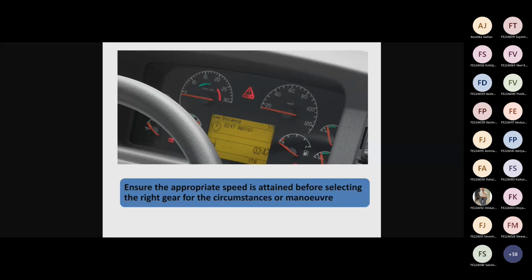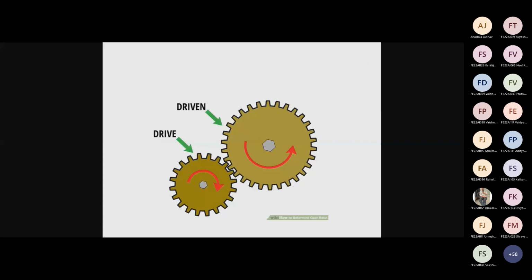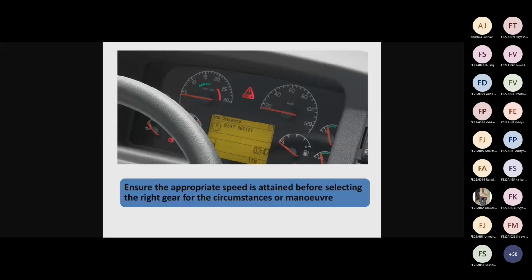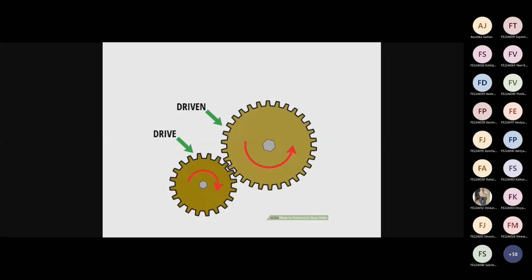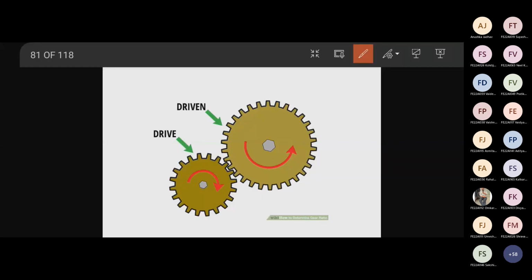Yes, you need to attain appropriate speed for selecting the appropriate gear. Yes. If power is transferred from this gear to this gear, then the gear from which power is transferred is called the driver, and the gear to which the power is transferred is called the driven gear.